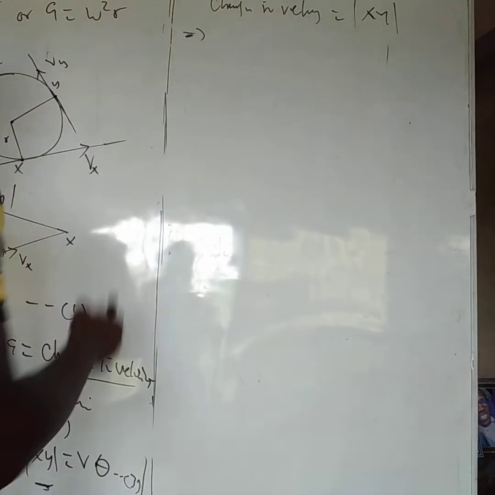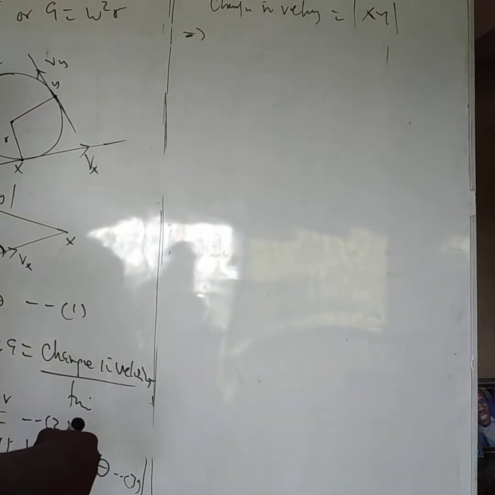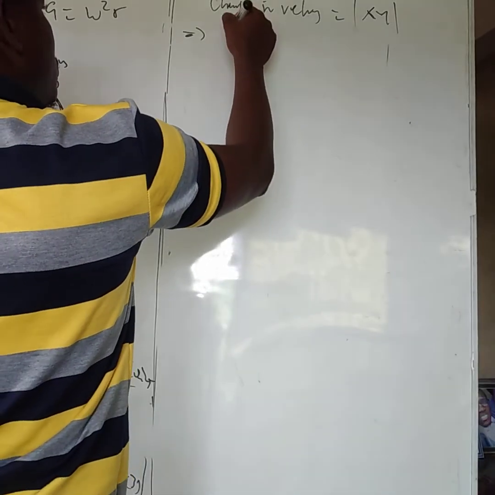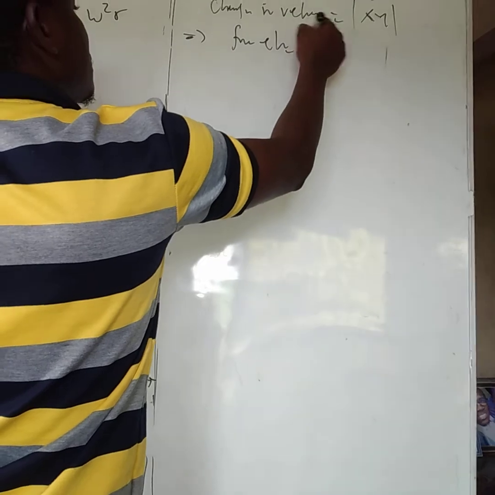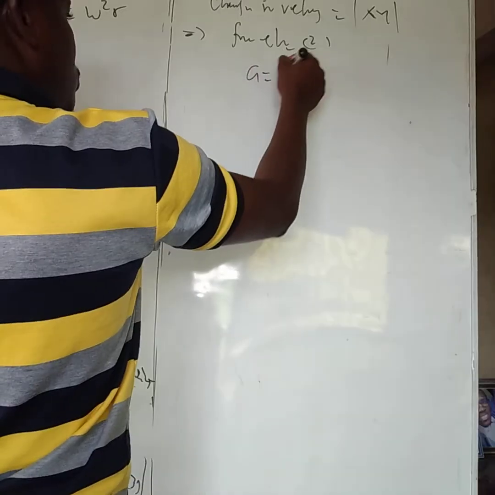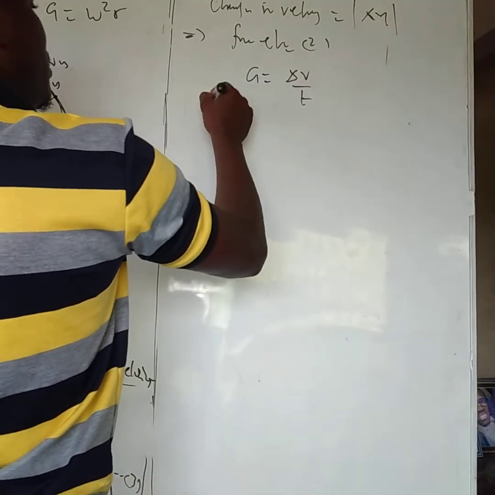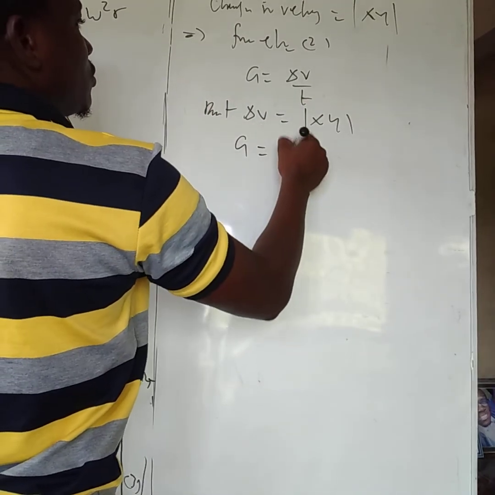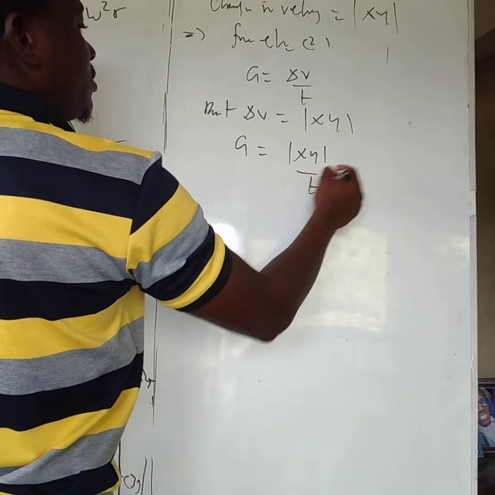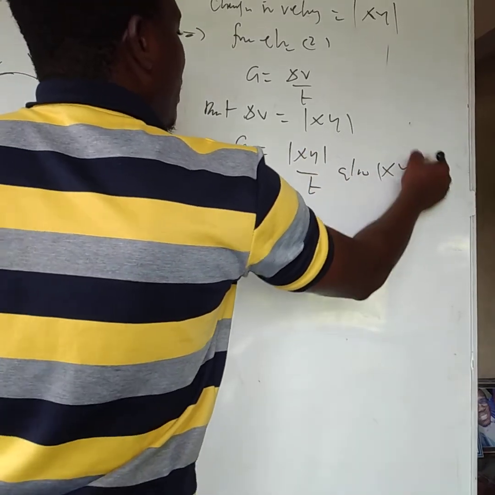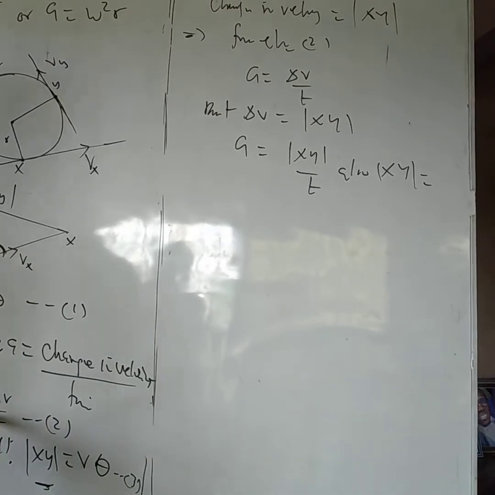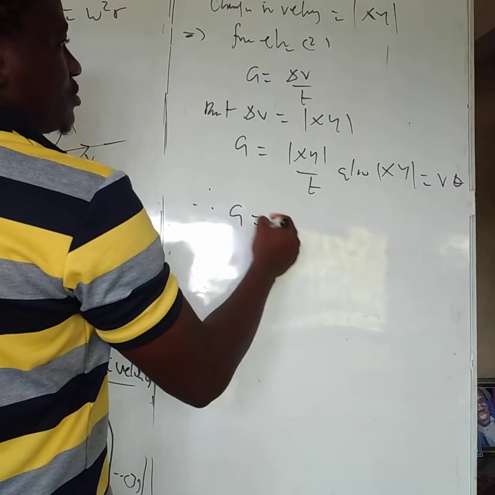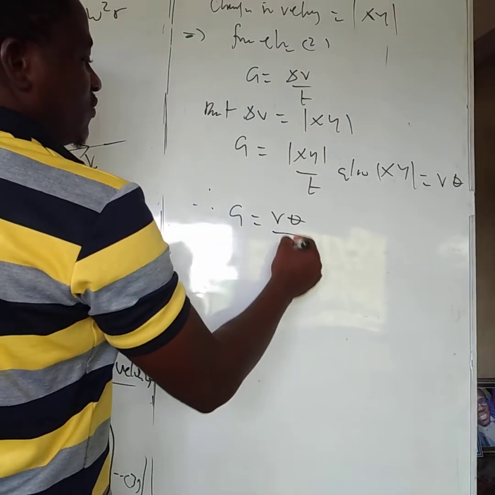So it implies that our equation 3 can be rewritten and our equation 2 can also be rewritten. From equation 2, A is equal to change in velocity all over time, but change in velocity is equal to xy. So A becomes equal to xy all over time. Also, our xy here is equal to v multiplying theta. Therefore, A becomes equal to v theta all over t.